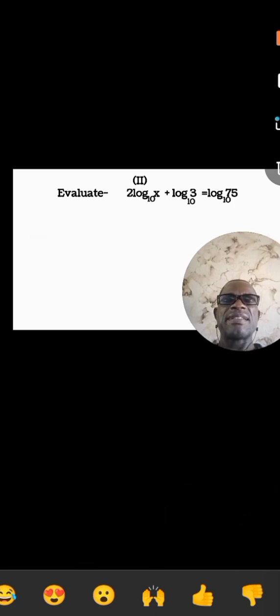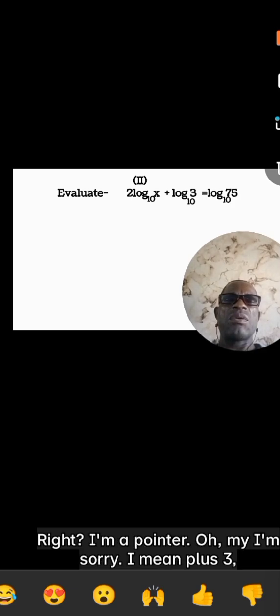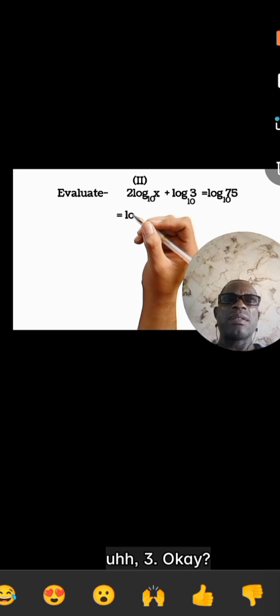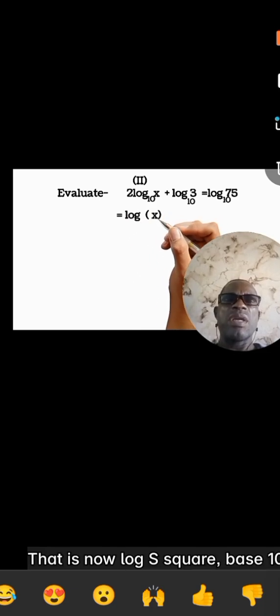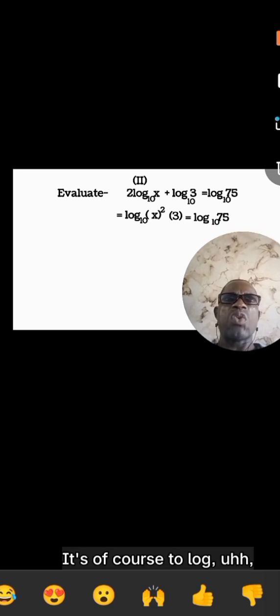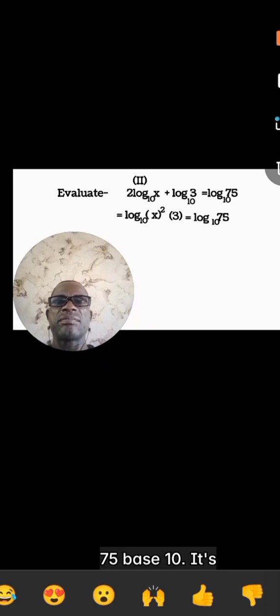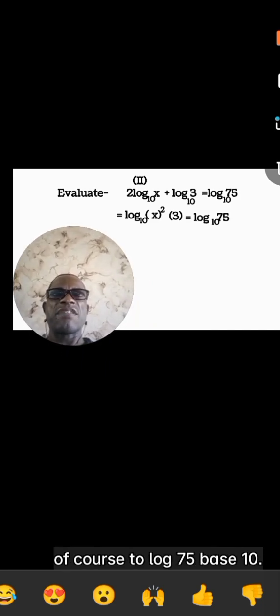So let us go ahead. 2 log x plus log 3, that is now log x squared multiplied by 3 is equal to log 75 base 10.